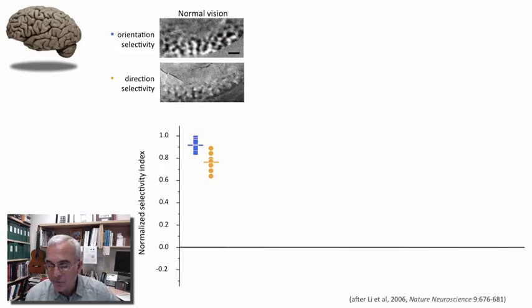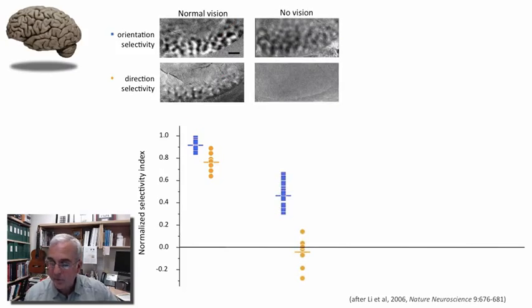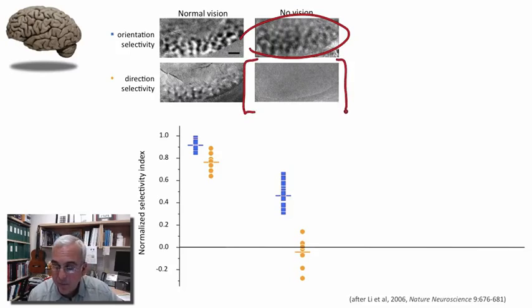When we raised animals in darkness, as I've just told you, these animals do in fact self-organize a map of orientation preference, but the degree of selectivity is less than what we would see with the full benefit of visual experience. Well, what was really surprising to us, and actually quite unexpected, was that there was virtually no sign of the emergence of direction selectivity in these animals.